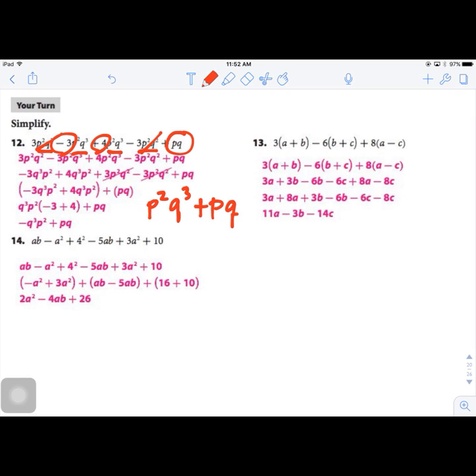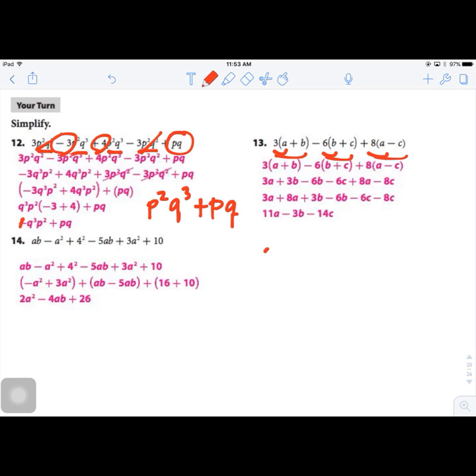So there is an error here with the key. Number 13, we have a series of multiplication with the distributive property involved. So we're going to distribute the numbers first. That would probably be the best thing to do, to distribute those numbers in front.